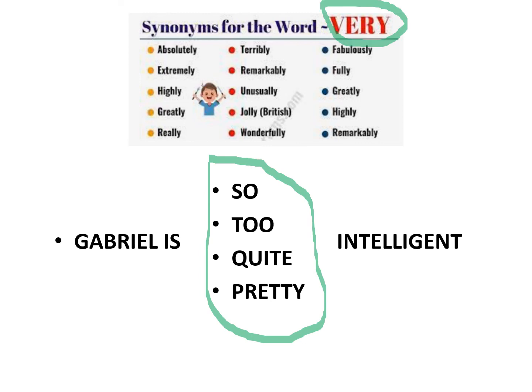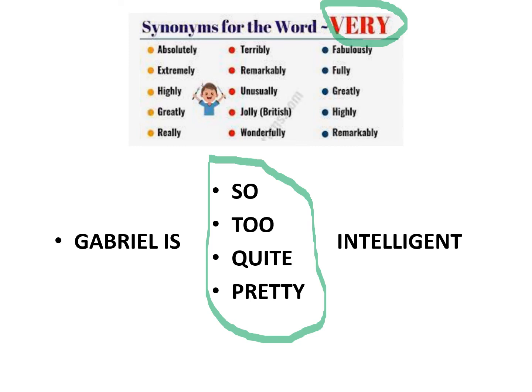Instead of using very, which is very common, very ordinary, for example, we can use: Gabriel is so intelligent. Gabriel is too intelligent. Gabriel is quite intelligent. Gabriel is pretty intelligent.